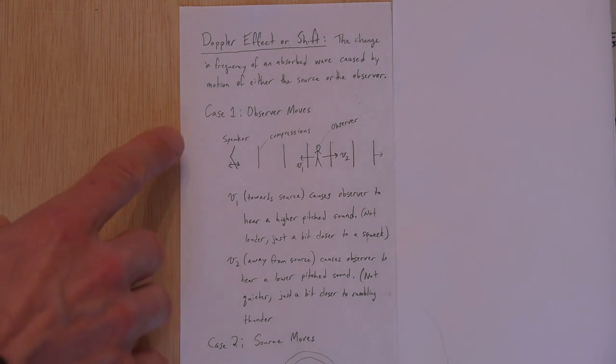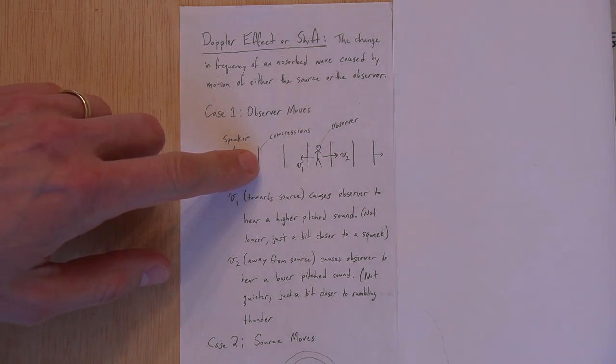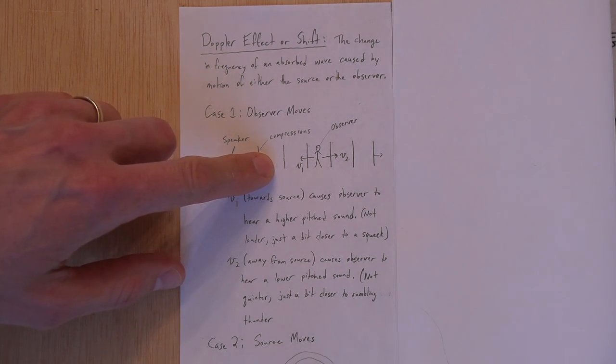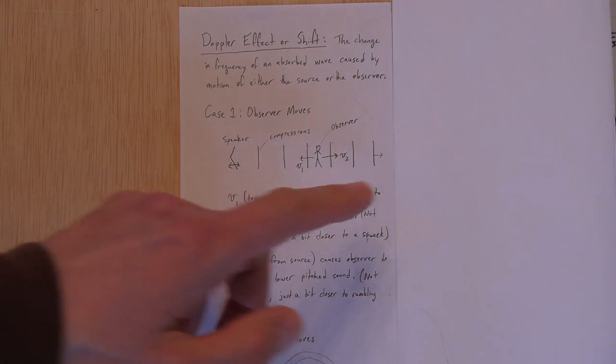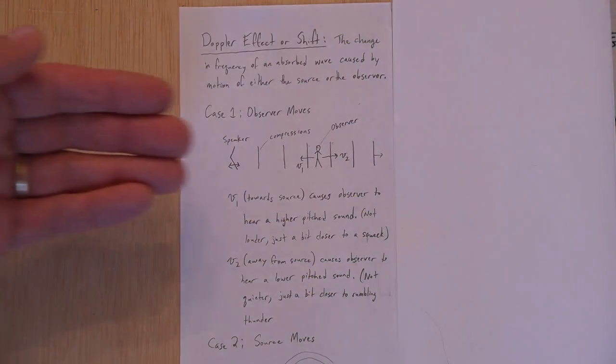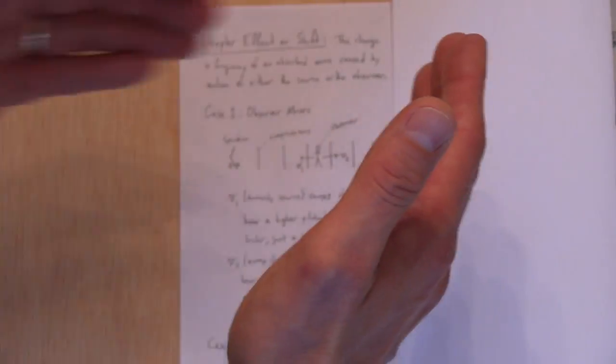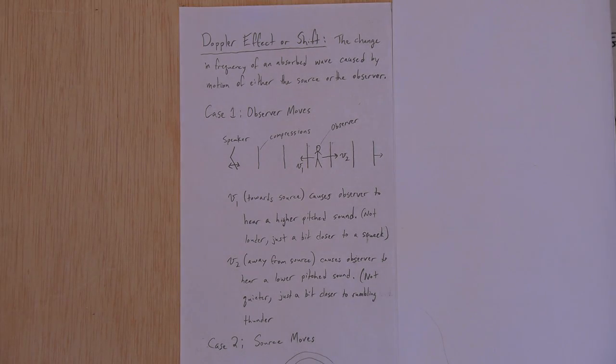Okay, so that's higher, lower pitch. The first thing that can happen for the Doppler shift is, as we have a speaker making compressions and rarefactions, I didn't label the rarefactions, and the wave is moving like this, we have an observer that's getting hit by these compressions, and they're hitting the observer's eardrum. And based on the frequency that the drum is being hit, that's the tone that the observer perceives.